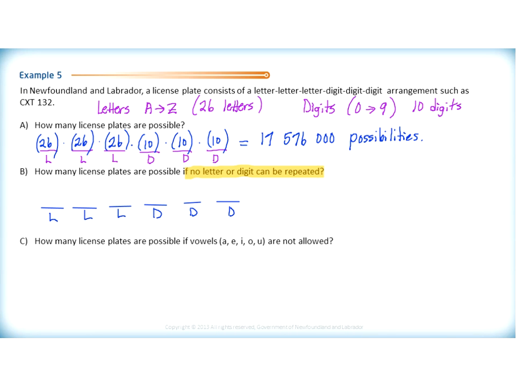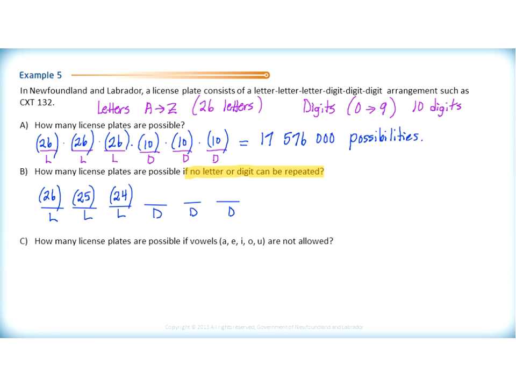For the first letter, we have 26 choices. When one of those letters is used, we only have 25 letters to choose from for the second letter. And for the third letter, we only have 24 choices.